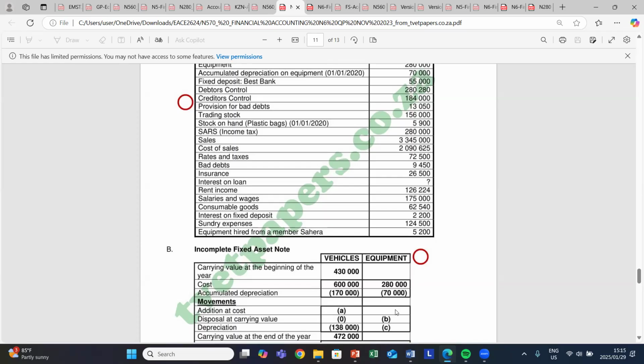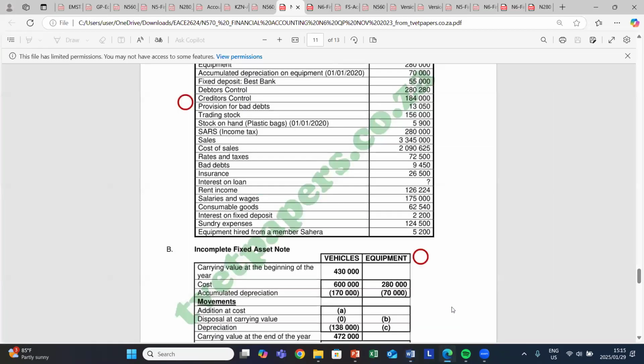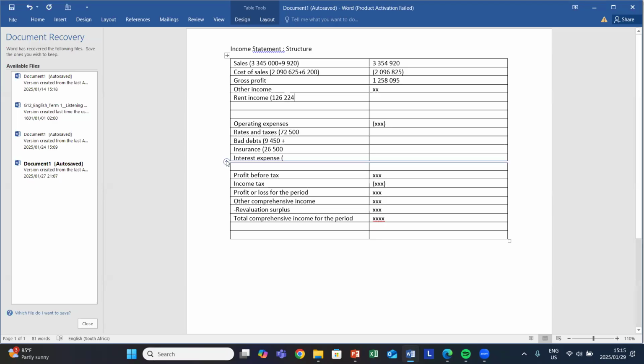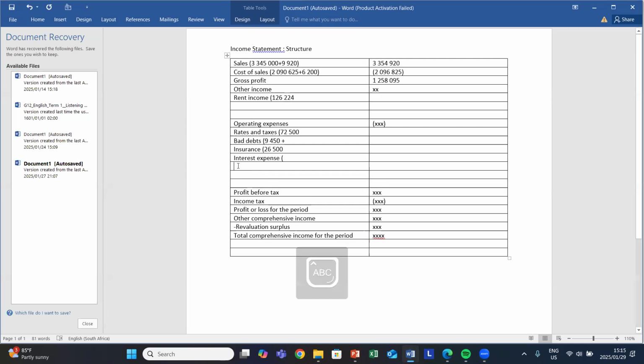Rent income is 126,224. Then salaries and wages and our expenses, 175,000.